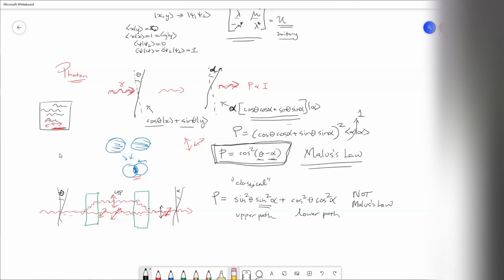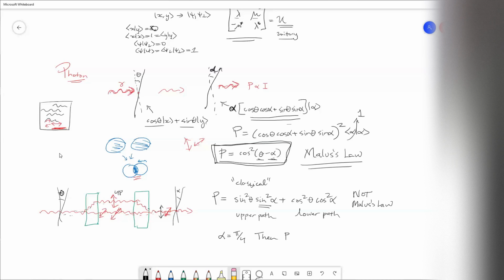And there's a lot of interesting aspects to this. You can, for instance, what if you choose alpha equal to pi over 4?